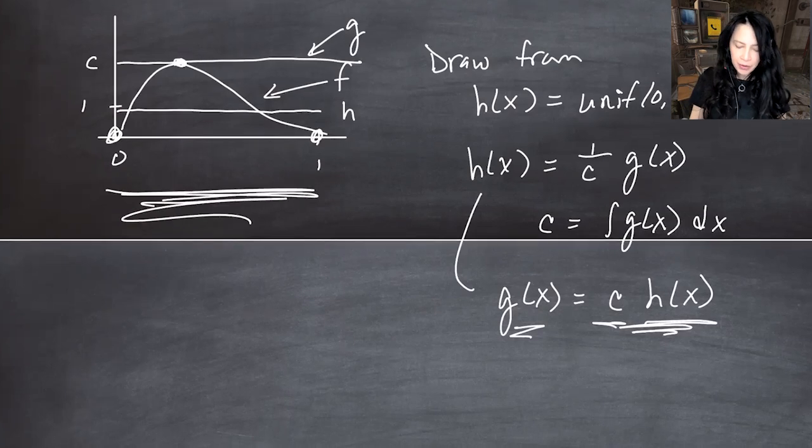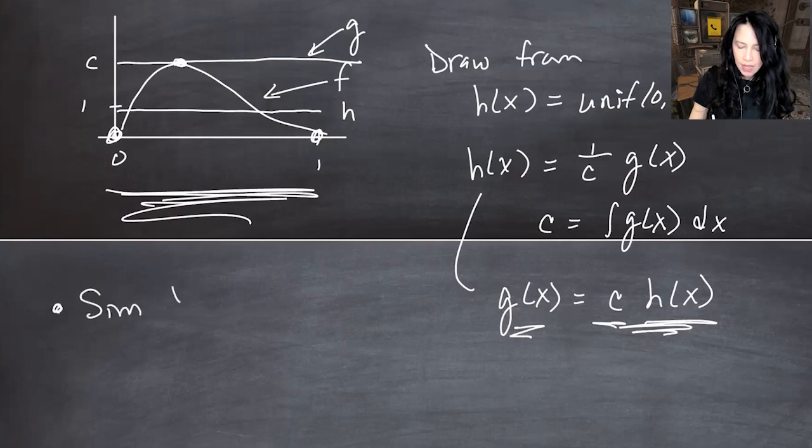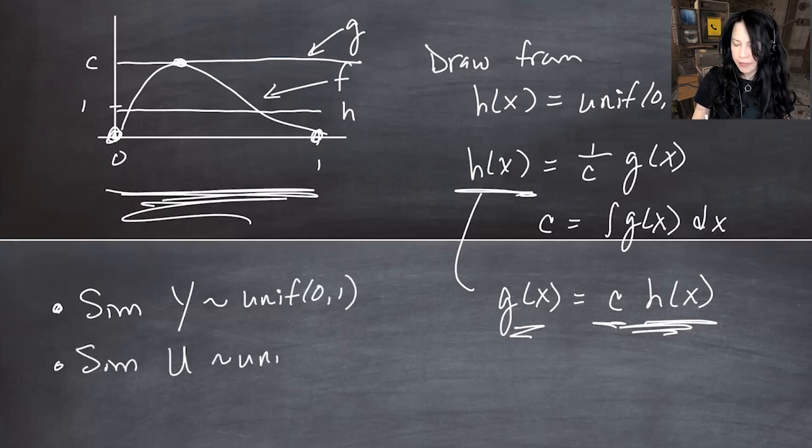But then your algorithm consists of 3 steps. Step 1 is you simulate a y from the h distribution, which is just, in this case, uniform 0, 1. Number 2, you simulate a u independently from the uniform 0, 1.